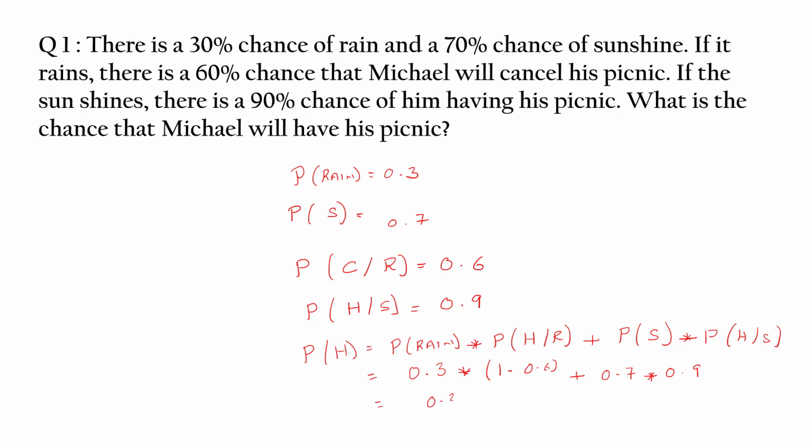So this is 0.3 multiplied by 0.4 plus 0.7 times 0.9, which is equal to 0.12 plus 0.63. So the final answer is 0.75 or 75%.